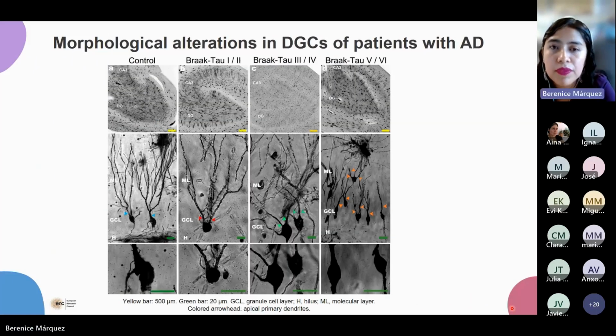In this figure, I show you a representative image of Golgi stain in human hippocampi and a magnification image showing the primary dendrites of dentate granule cells and their somas from the control group and the Alzheimer's disease patients at different Braak stages.